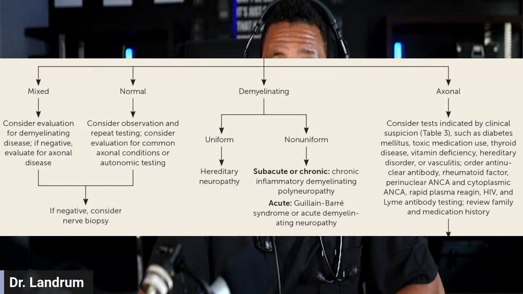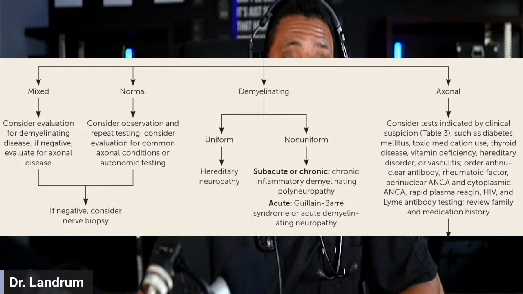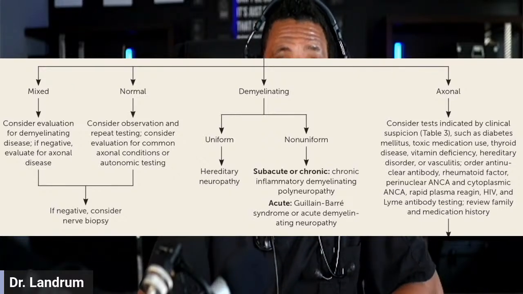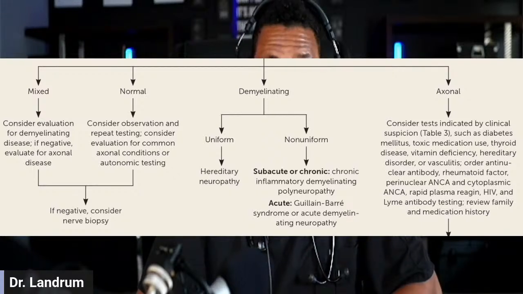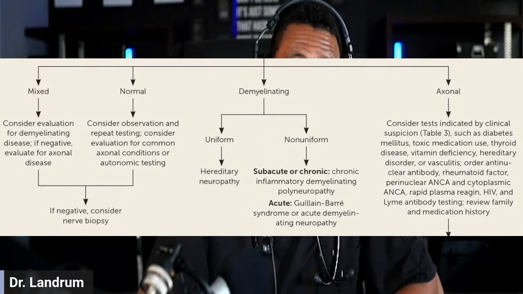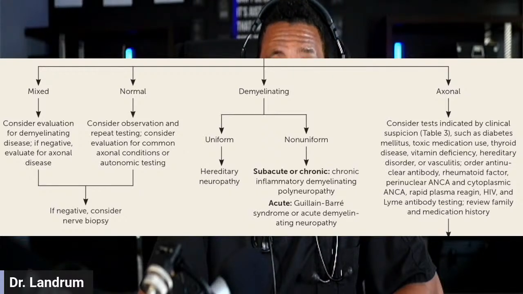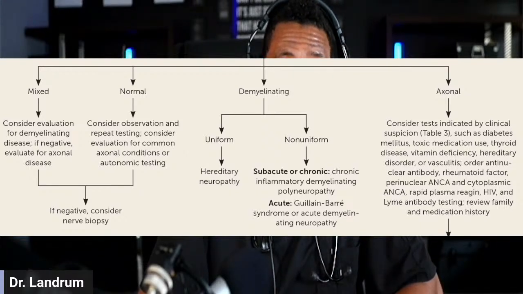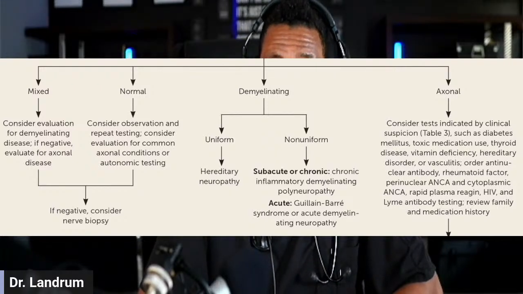Is it an axon problem, which is a portion of the nerve? Is it a demyelinating problem, where portions of the myelin, which is the covering of the nerves, have an issue? Is it normal? Is it a mixture of these things? How we assess and evaluate that can be done a number of different ways to get clarity about it.